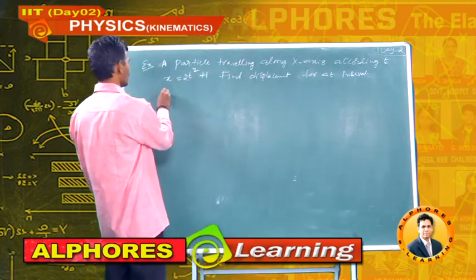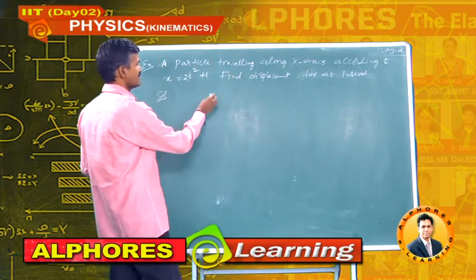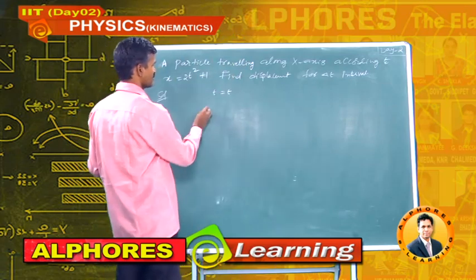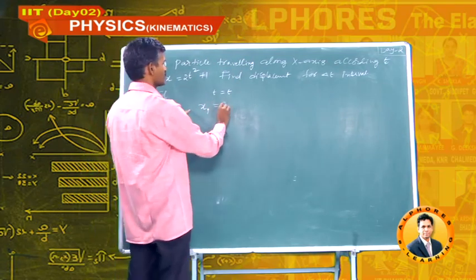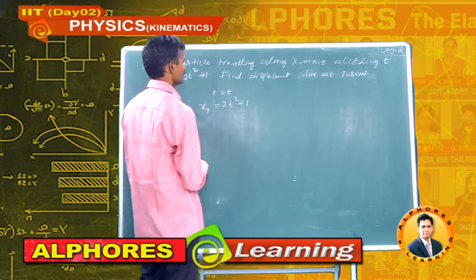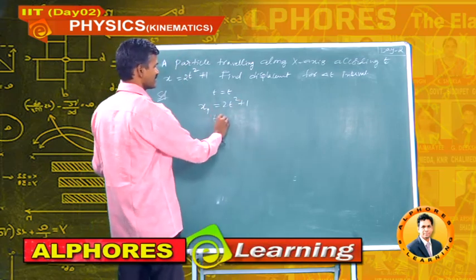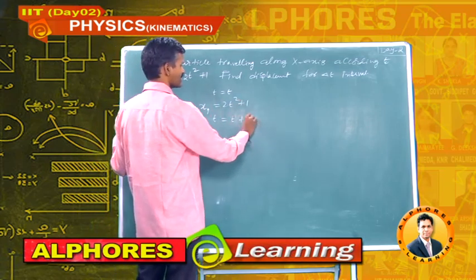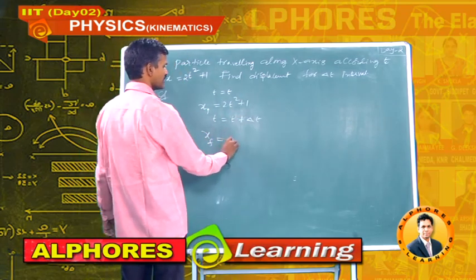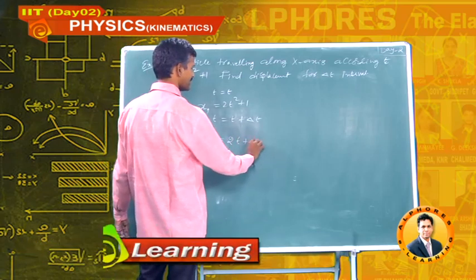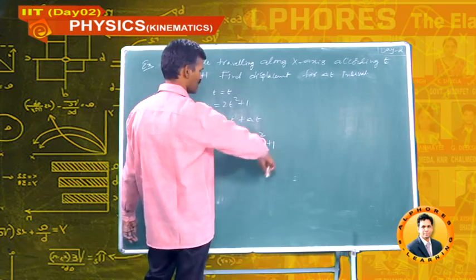To solve this problem, first consider time as t, then the initial x coordinate is 2t square plus 1. Then consider the next time as t plus delta t. In such a case x final is 2 into (t plus delta t) whole square plus 1.